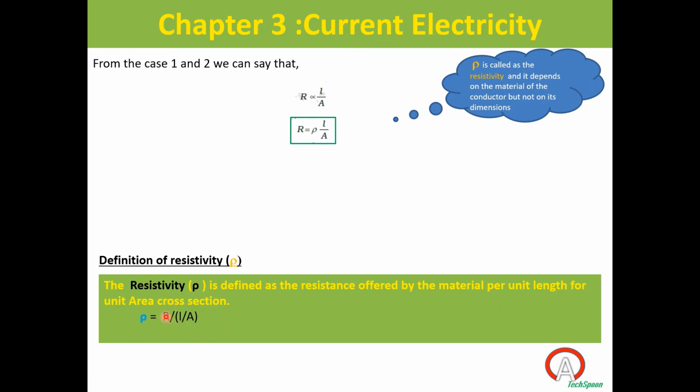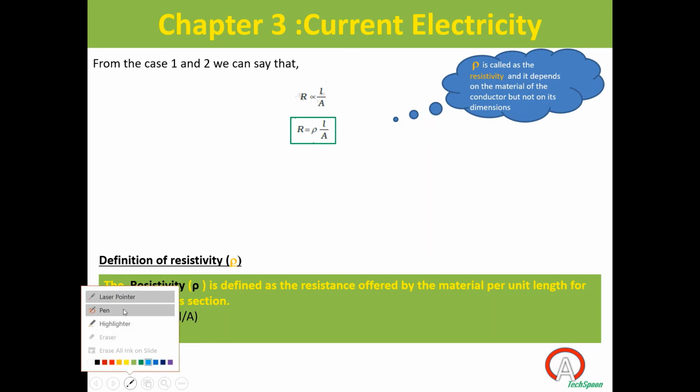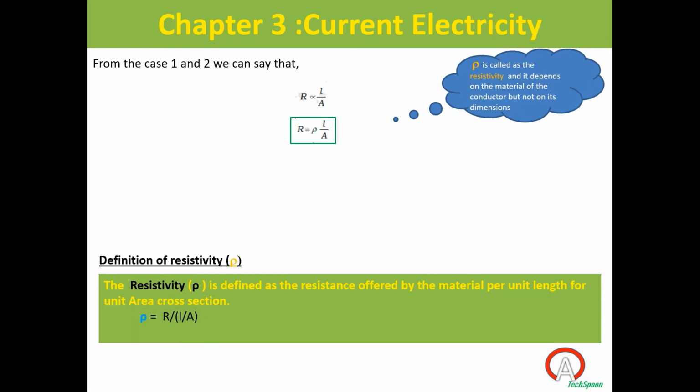Rho is equal to R divided by L by A. From the resistance equation we can simply write rho is equal to R into A, A will come here, so RA by L.